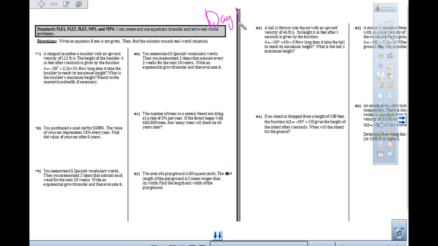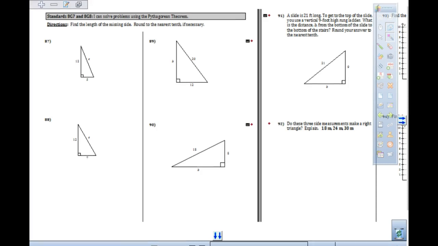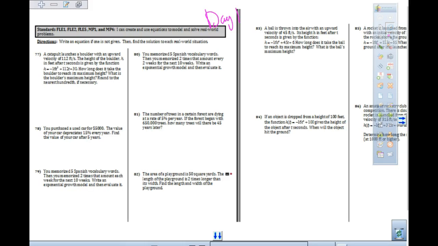77 to, not this part, to 86, 87. Okay, 86. That's going to be day 1, right? Those are my real world problems, right?